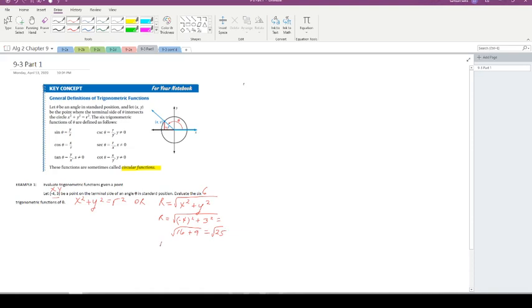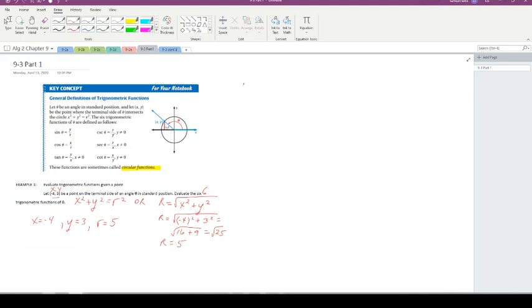So r is equal to 5. We're halfway there. Now we have the 3 things we need: x is equal to negative 4, y is equal to 3, and the radius is equal to 5, which we just found.